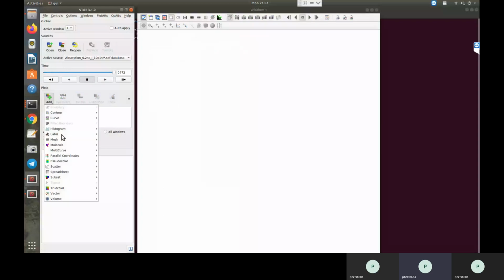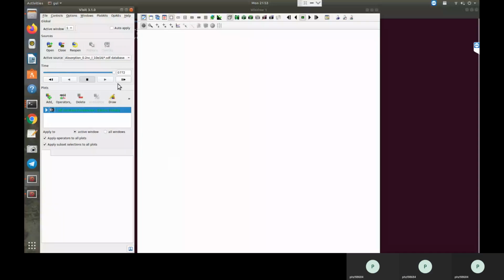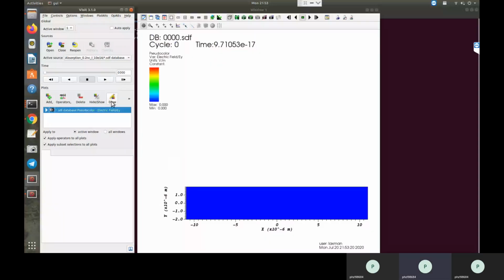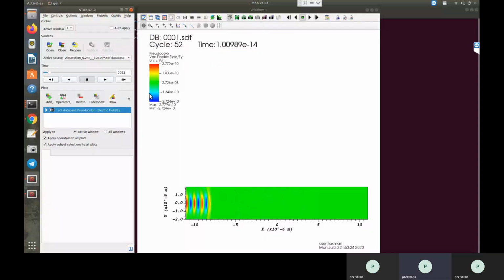Now let's check the electric field component along the y direction. So we can see the laser beam propagation very clearly. The laser beam is coming in from this direction, so it is going like this. Here at -5, it has crossed the plasma boundary.